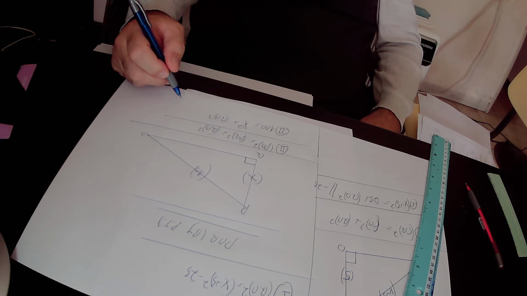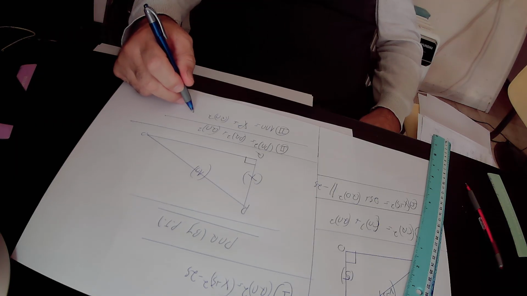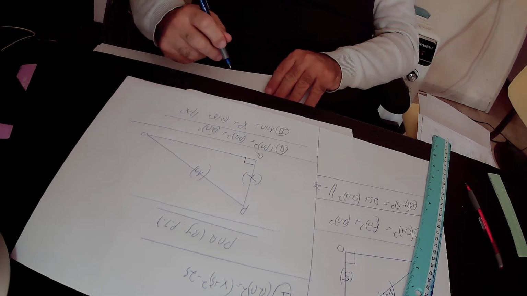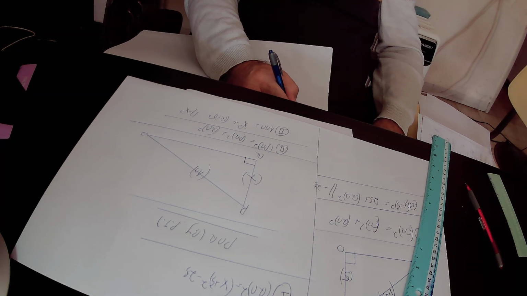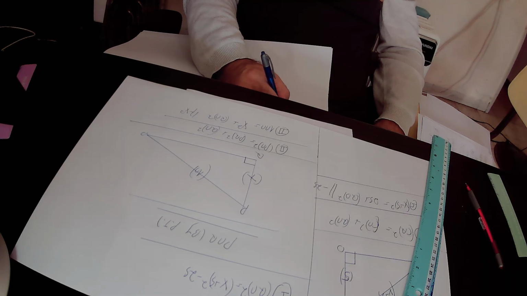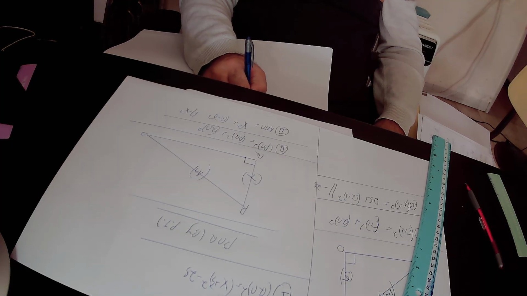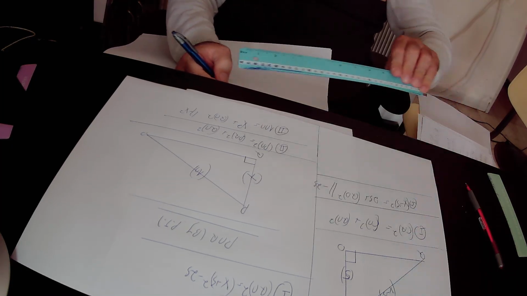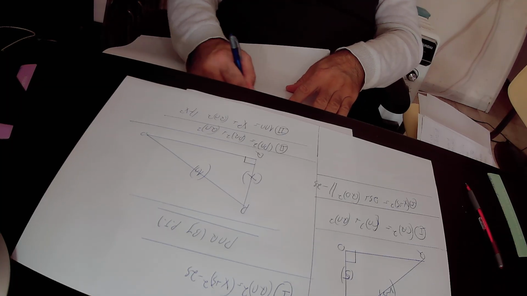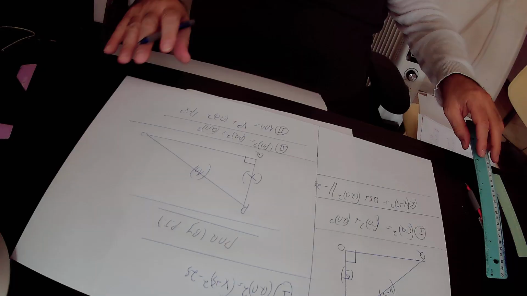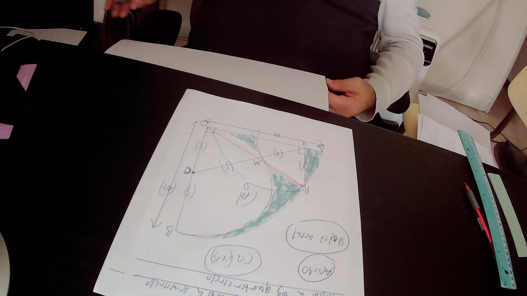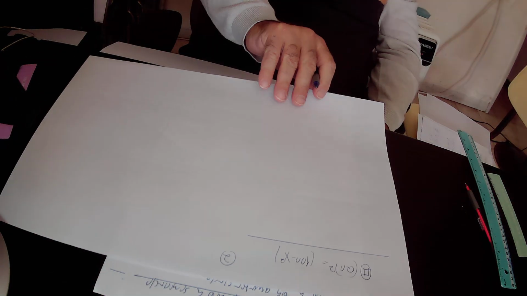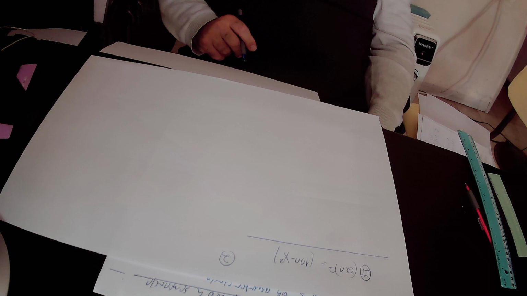Here we will subtract x squared from this equation 2, and finally get that according to equation 2, QO squared equals 100 minus x squared. And again, according to equation 2, we found out that QO squared equals 100 minus x squared.